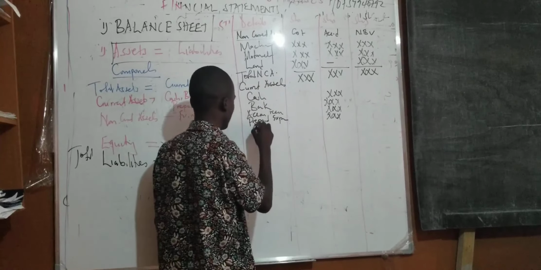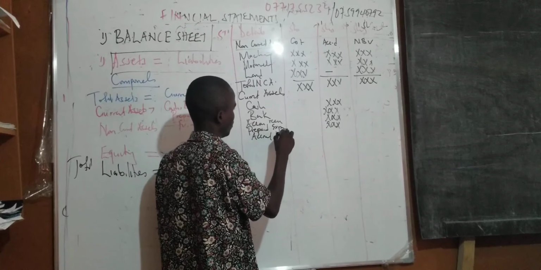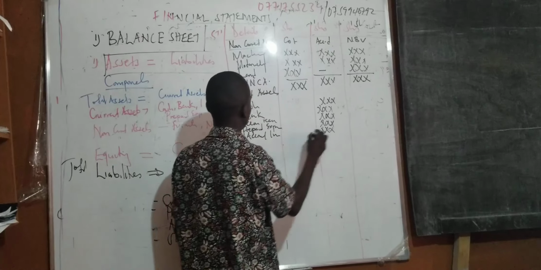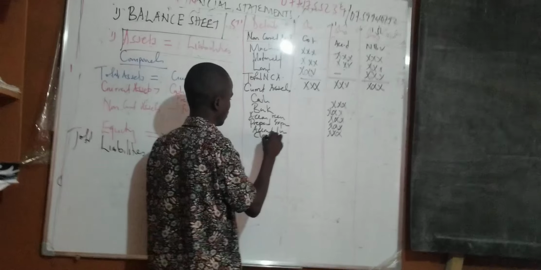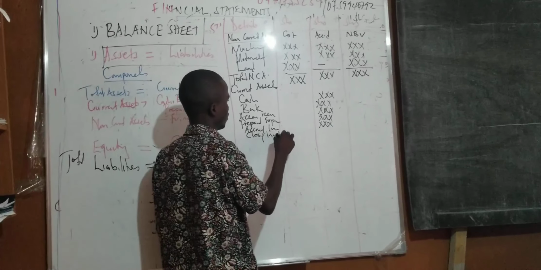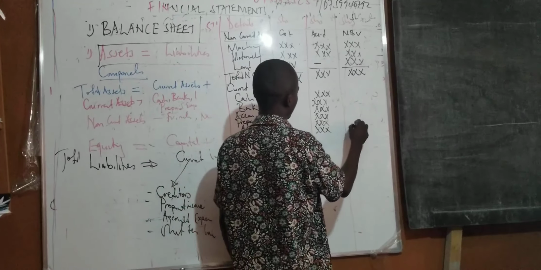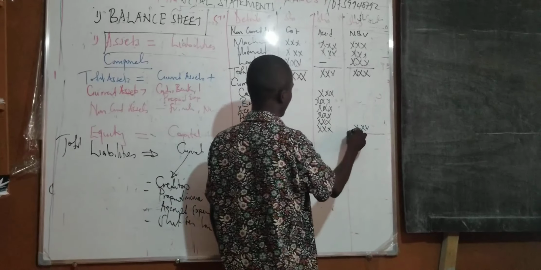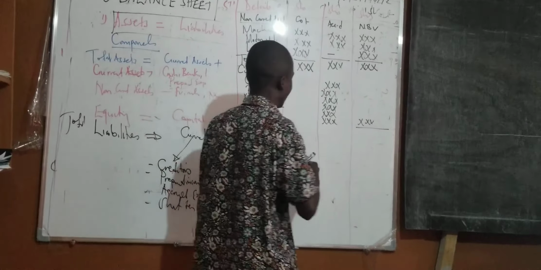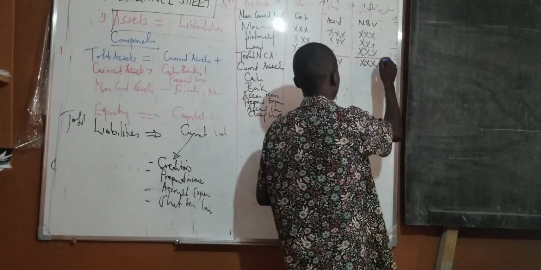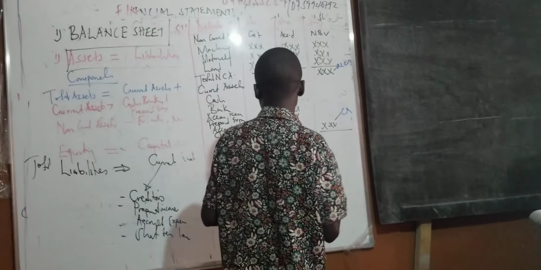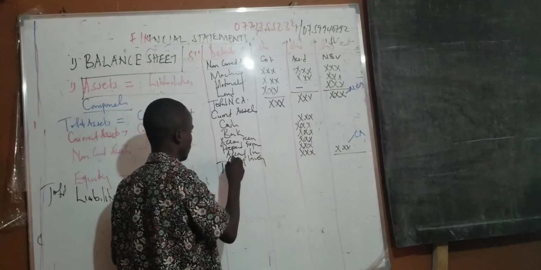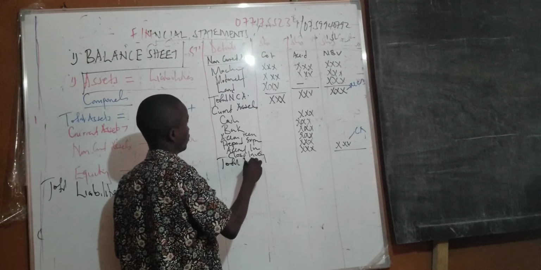You have your accrued incomes, and you have your inventory, closing inventory. So the total of these are the current assets. The total we get is what we call the total assets.